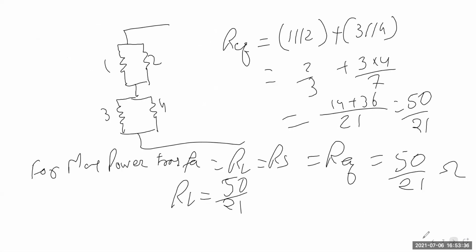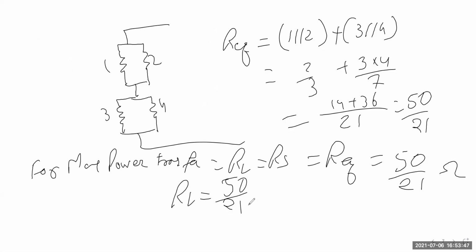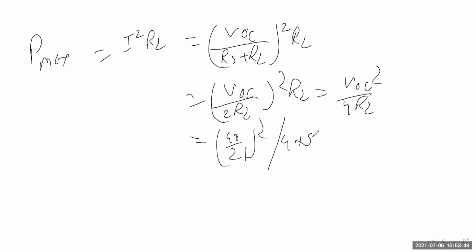VOC is 40 by 21. 40 by 21 whole square by 4 into RL. This is your 50 by 21. Okay, so it will be around 1600 by 21 into 21.